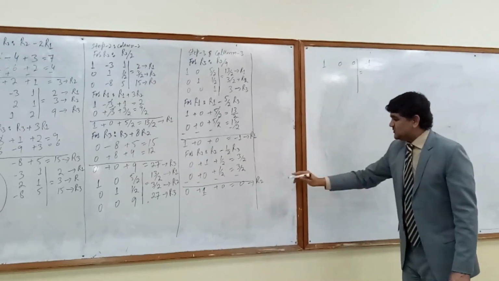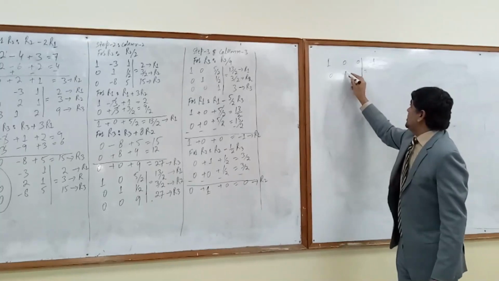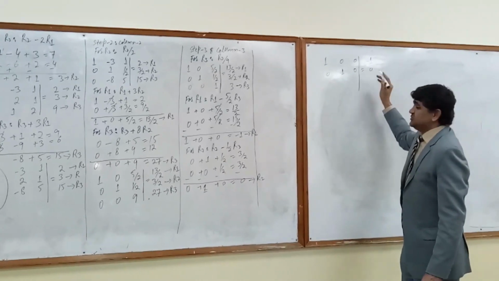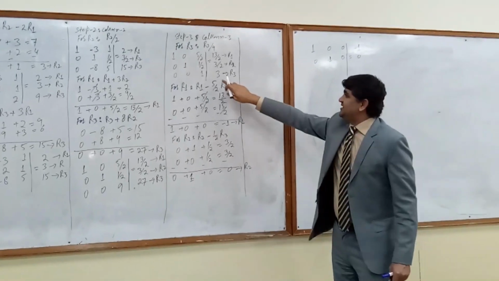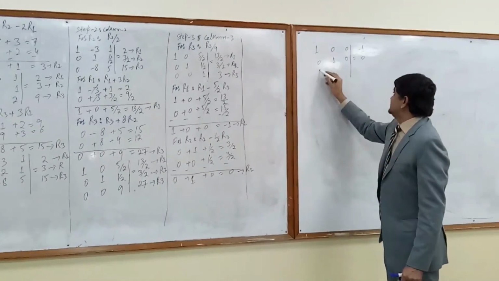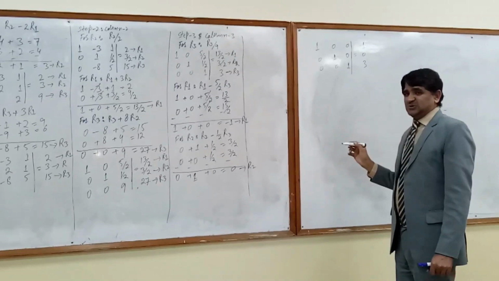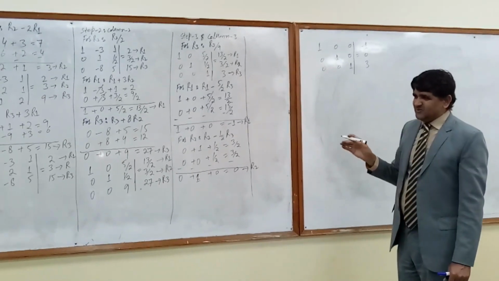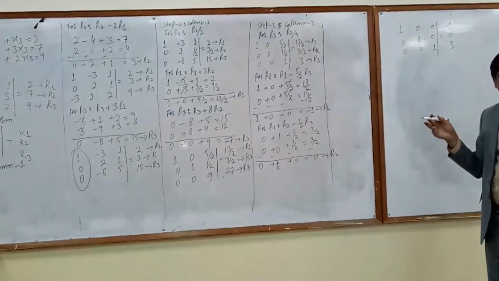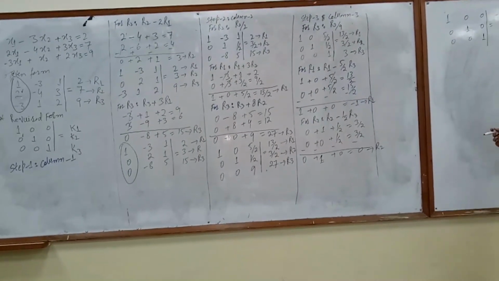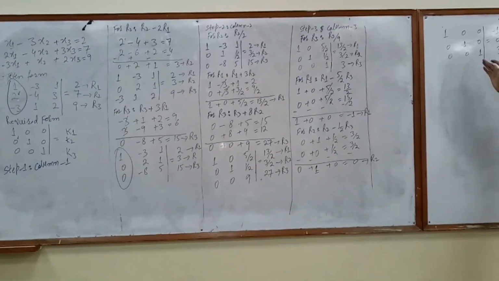R2 is 0, 1, 0, 0. What is R3? Already we have done it: 0, 0, 1 is 3. So what is the required form? Look at the required form: 1, 0, 0; 0, 1, 0; 0, 0, 1.